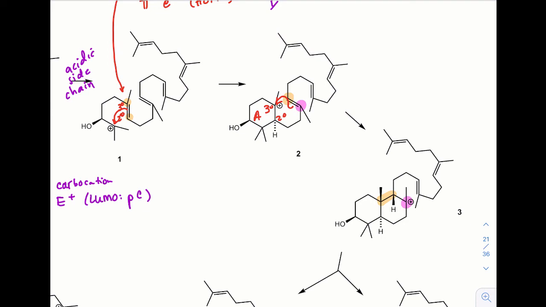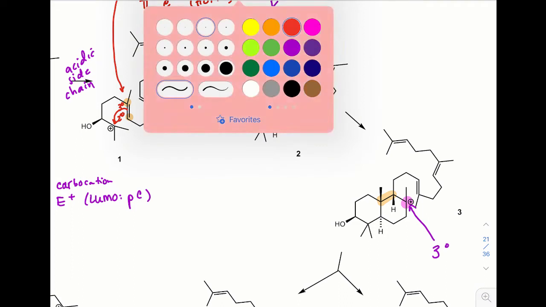It's left as a cation. We can understand why that happens because the carbon that makes the bond is the secondary carbon. The carbon that's going to be left with the positive charge is tertiary. So there's a tertiary cation here, which will be more stable than a secondary cation. Awesome, that cyclization establishes the B ring.